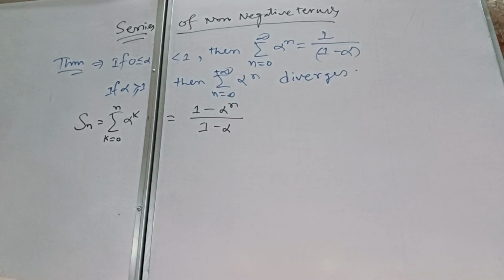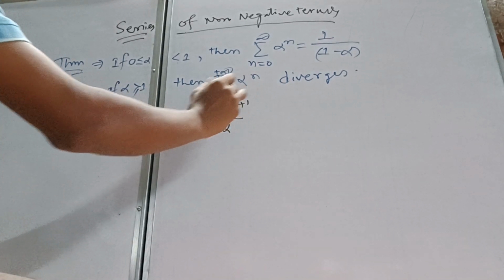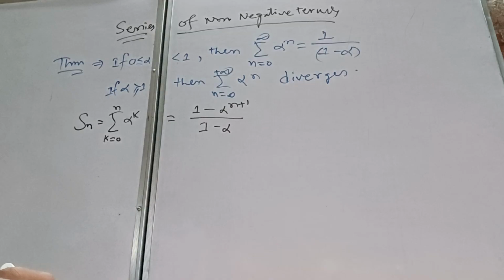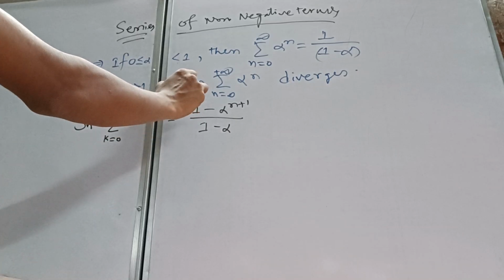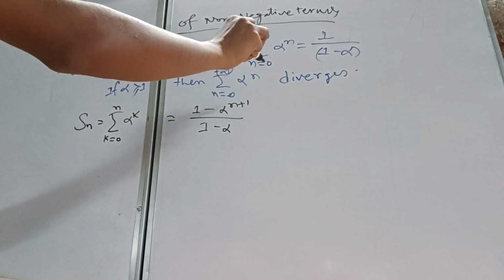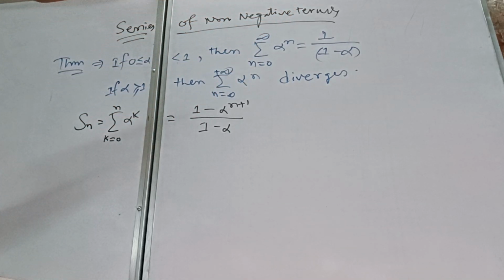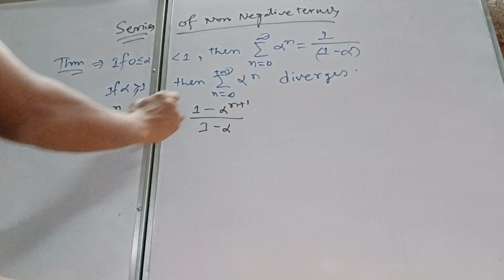Sorry, alpha to the power n plus 1. This is also done in the solution process: 1 minus alpha multiplied by 1 plus alpha plus alpha squared dot dot dot alpha to the power n. Then this happens.